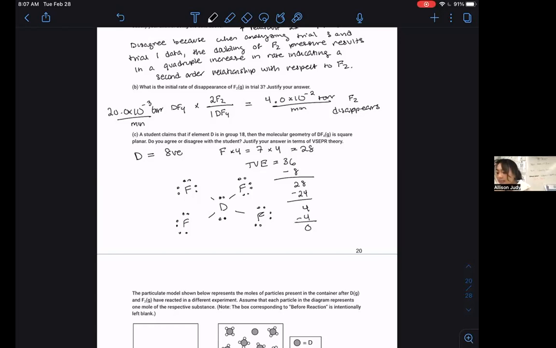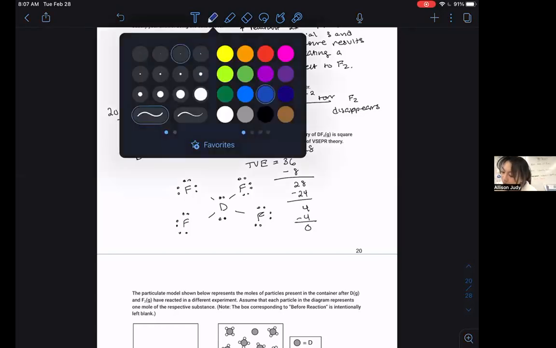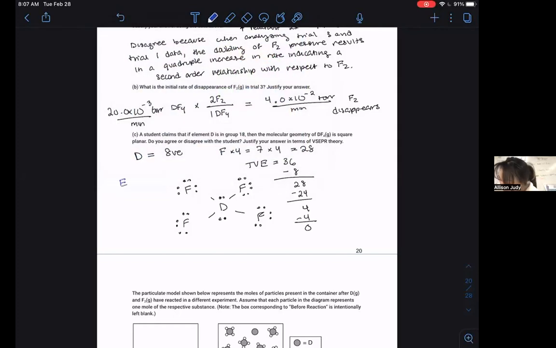And what I would see is that this would give me 6 electron domains, which would give me an electron geometry of octahedral. But with the 2 lone pairs, the molecular geometry would only account for the shape developed by the 4 bonded electron domains. So we would indeed get square planar.